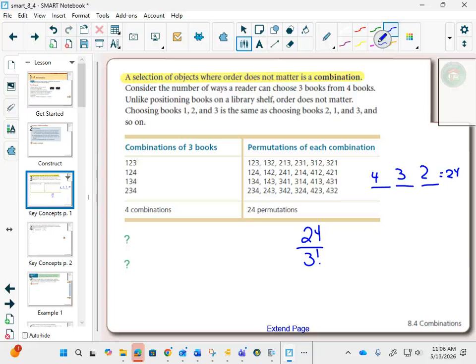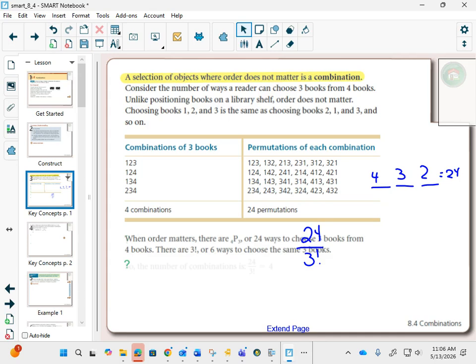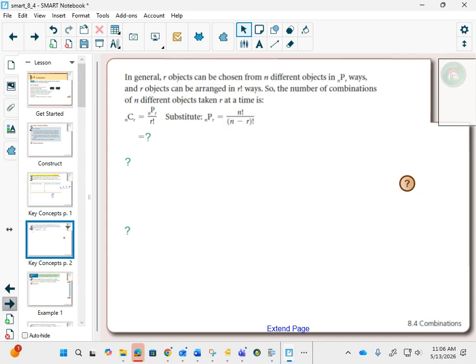So combinations end up being a lot less than permutations because you have your permutations formula with everything, the order divided out.